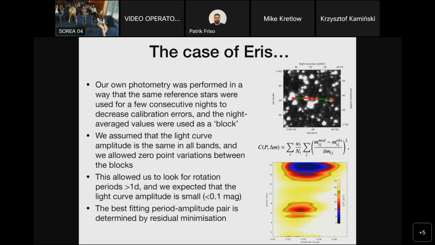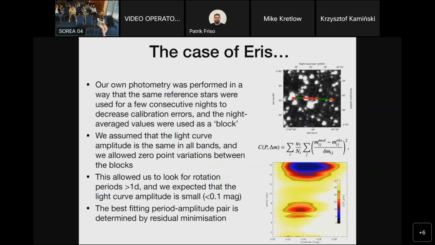Okay, and we assume that the light curve amplitude is the same in all bands. Of course, these were taken in different bands, in R band, in clear band, in whatever. And we allowed zero-point variations between the blocks, because what we saw was a substantial difference between the average level of the blocks, and it cannot be just due to the rotation of ERIS.